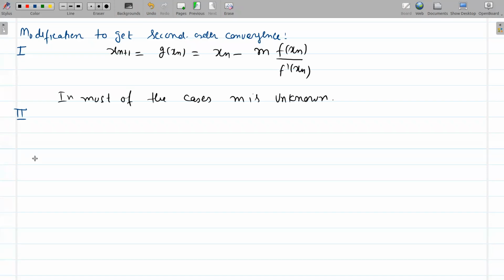So this says that firstly you define a new function. h(x) is f by f dash.